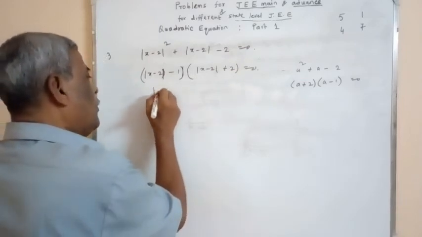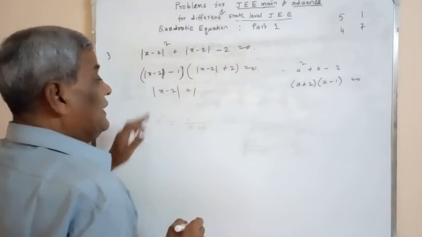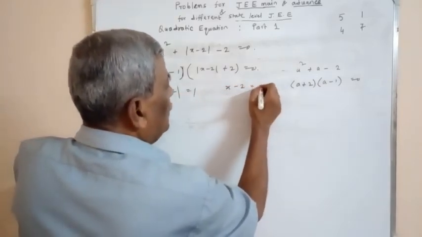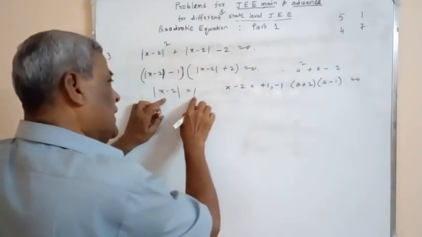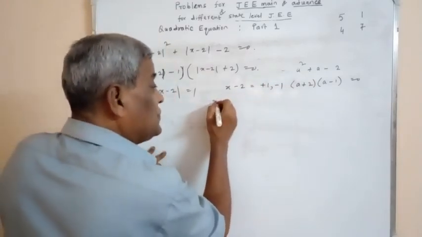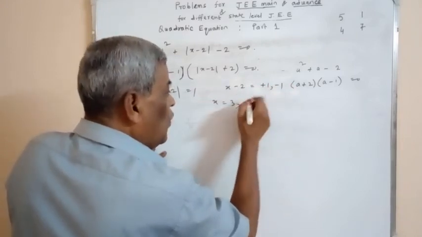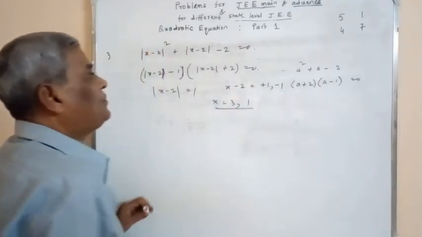So either mod of x minus 2 is equal to 1. In that case, x minus 2 is equal to plus minus 1. That is, x is equal to 3 and 1. So these are two roots.